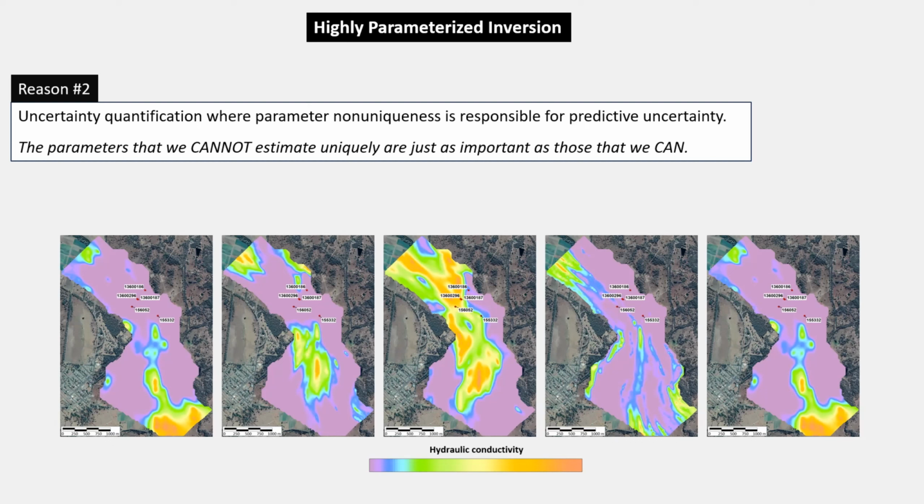Therefore, the fact that we cannot estimate all these parameters uniquely requires that we represent the repercussions of their non-uniqueness on any prediction that we care about. That is, the parameters we cannot estimate uniquely are just as important as those that we can. So, another reason for having lots of parameters: reducing bias in history matching and quantifying the repercussions of information insufficiency in our calibration dataset.